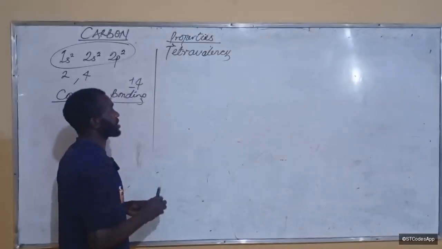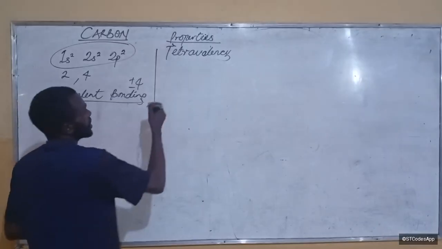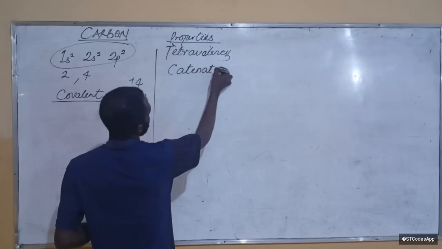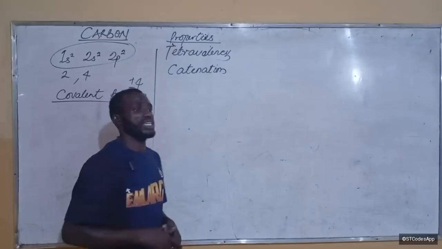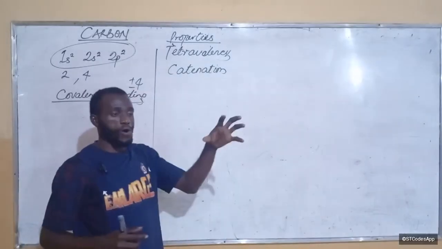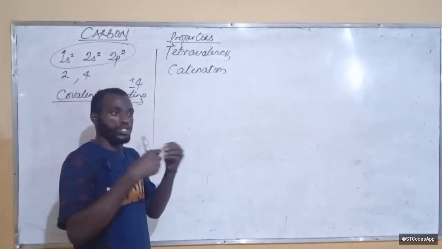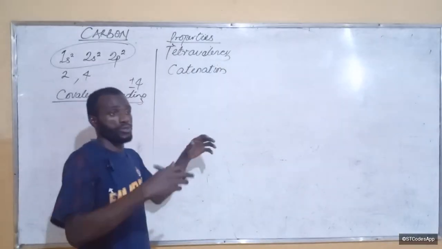So that's tetravalency. Another unique property of carbon is its catenation, its ability to catenate. Now, what does catenation mean? Catenation is just about its ability to form carbon to carbon double or single bonds with itself and other atoms.